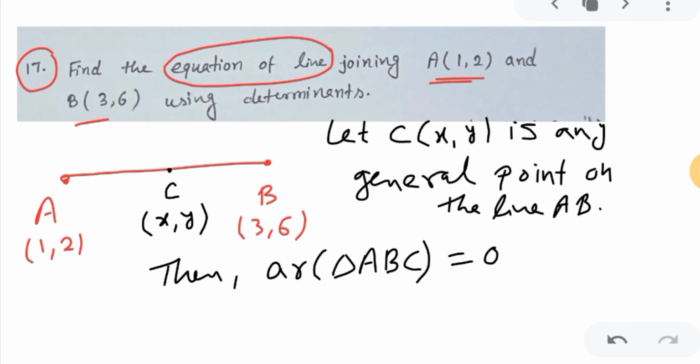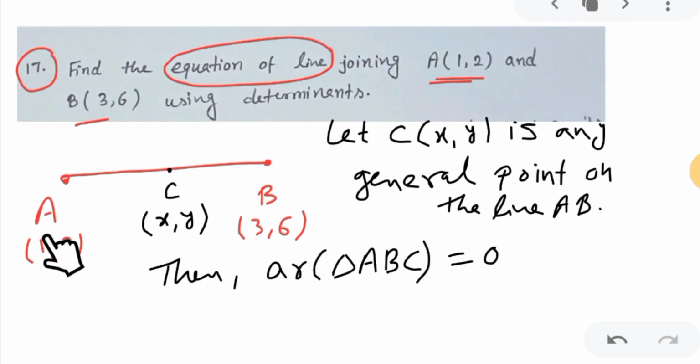So the area of the triangle is 0, and to find the area of a triangle, we know the formula. What is the formula for the area of a triangle? As I discussed in the previous video, half times the determinant with rows x1 y1 1. So x1 y1 you can take as 1, 2, 1.